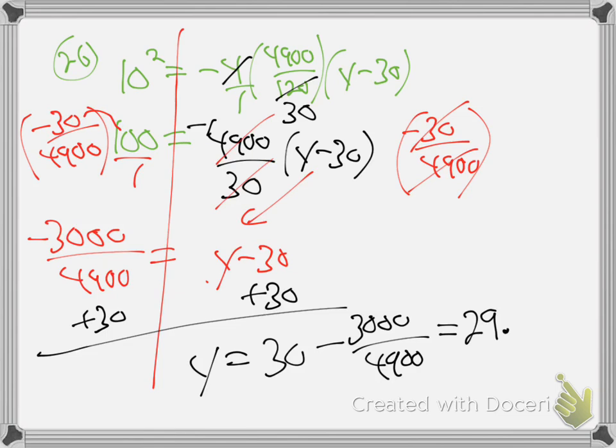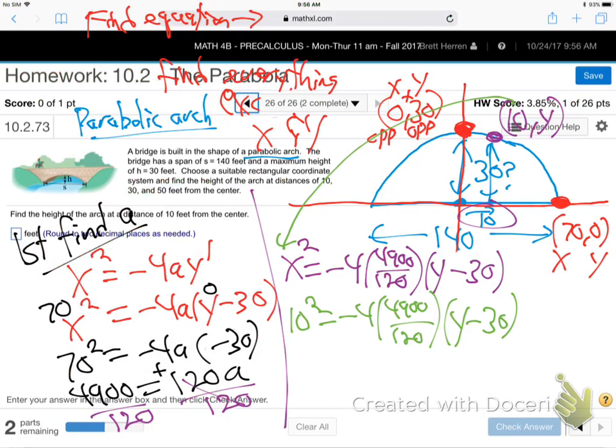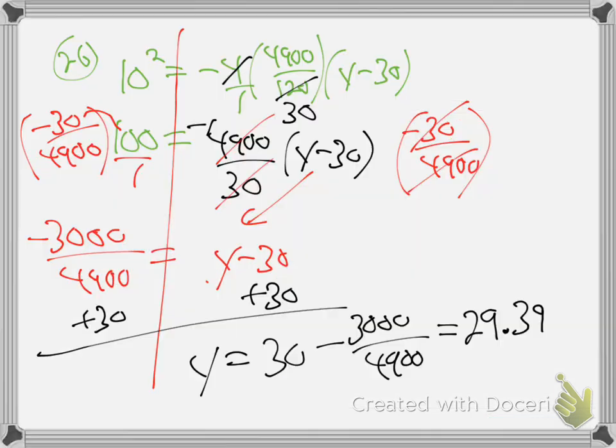I don't think so. Am I thinking wrong? That should be 29 something. 29 point what? 39. 29.39? Yeah, let's see what they want. Feet, round. They round to 2 places. Yeah, the height of the arch, round to 2 places. 29.39? So there we go.